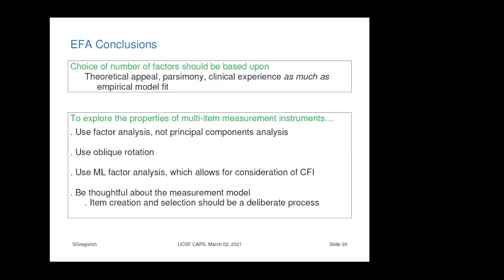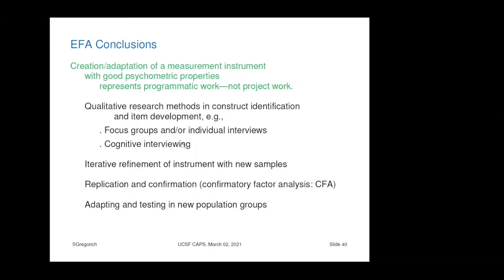Even if it's secondary data, there may be some items from an existing measure that you just think are bad items. And if so, you may want to get rid of those. So, think about it from a top-down perspective, starting with the constructs and what they really mean.